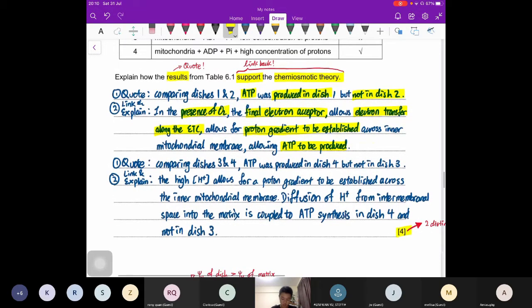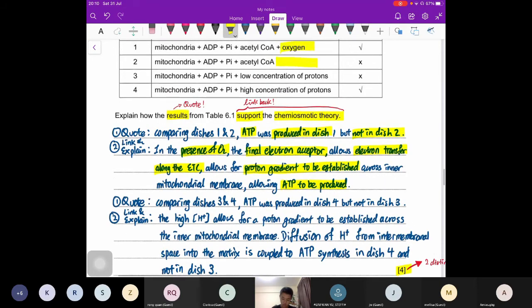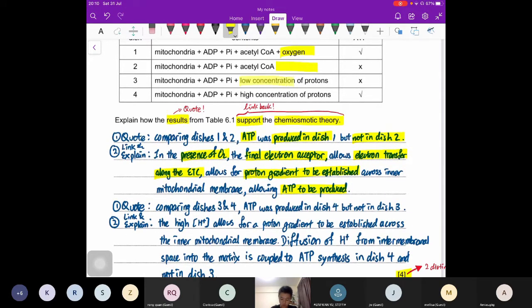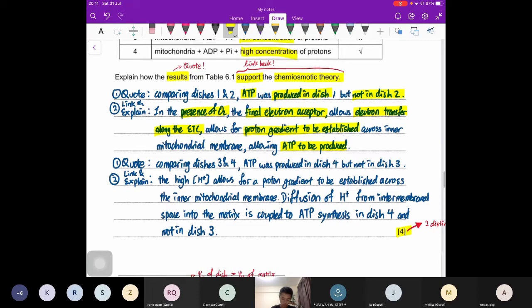Okay, second point, comparing 3 and 4. If you compare 3 and 4, the only difference here is your concentration of protons. 3 has low concentration, 4 has high concentration. So if we compare 3 and 4, let's quote first. ATP produced in 4, not in 3. So let's try to link it back to the chemiosmotic theory, and let's explain why.